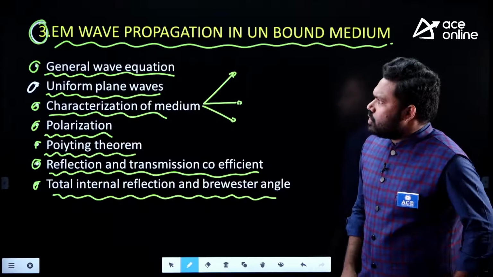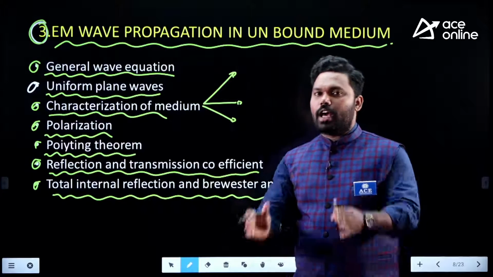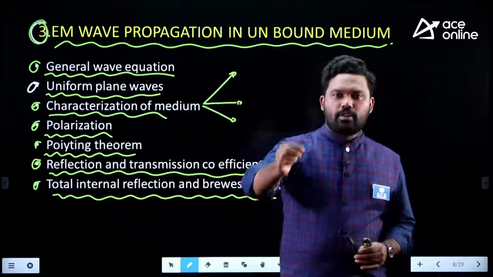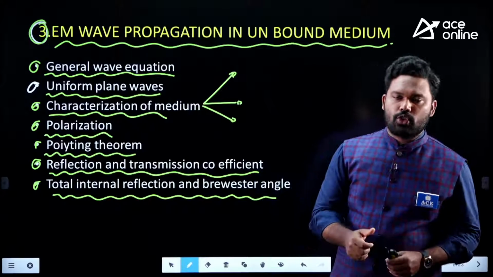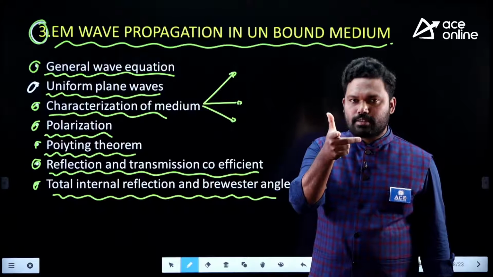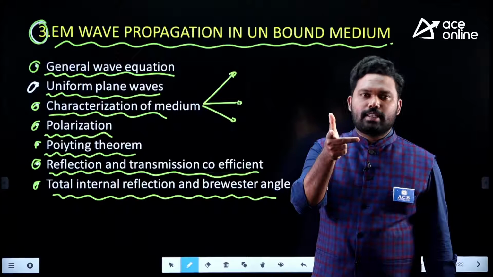So the problem with these uniform plane waves or EM waves is that you will have very lengthy derivations. Now let me give one simple example. Suppose you want to show that the electromagnetic phenomena in free space will be something like this. Electric field is like this, magnetic field is like this, direction of propagation is like this.